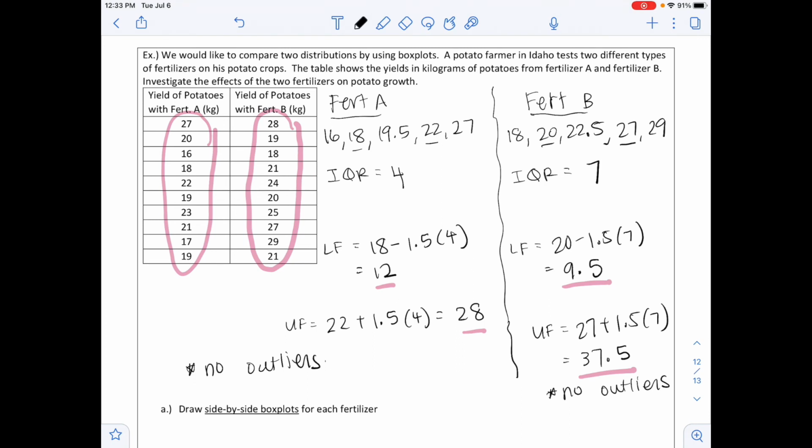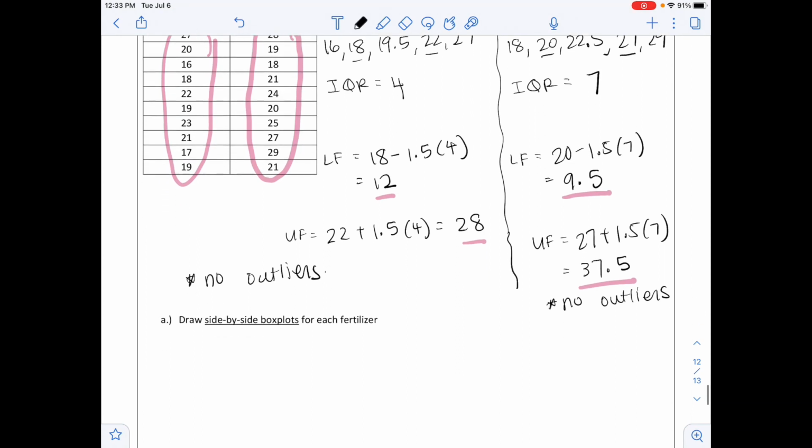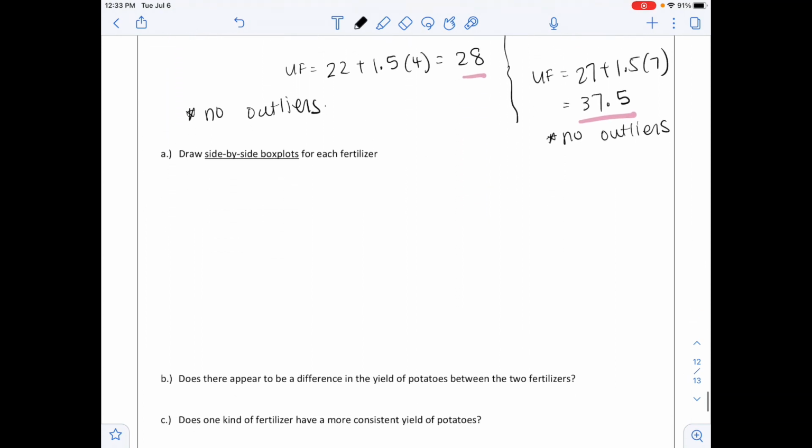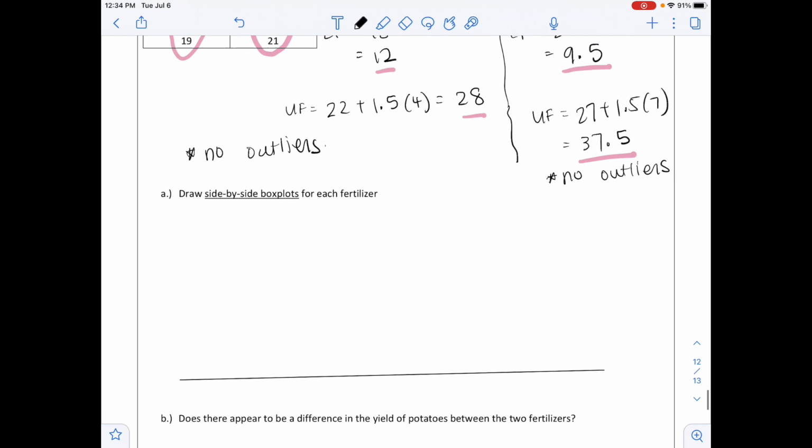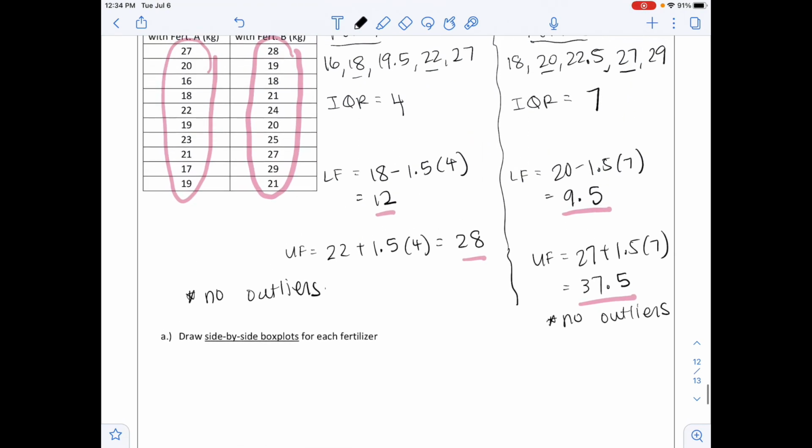So we're going to take all of this data and we're going to create what's called a side-by-side box plot. And in order to do this, we need to make a number line that's going to be long enough to include all the numbers for both box plots. For this, the smallest value that we have out of all of these would be this lower fence of 9.5, and the largest value would be our upper fence of 37.5.